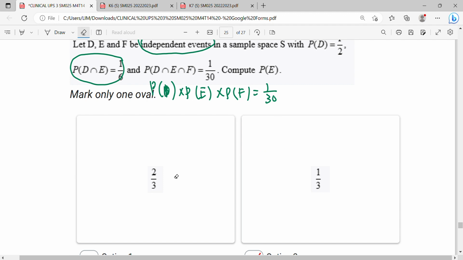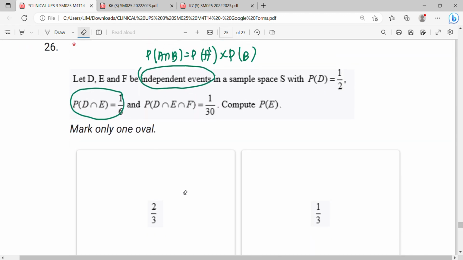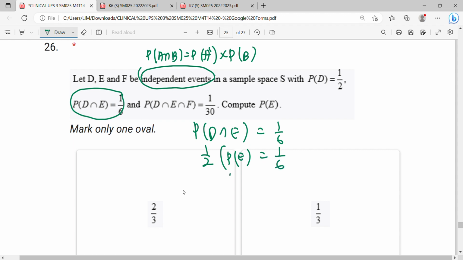From PD intersect E, we get 1 over 6. So PD is 1 over 2. So PE is 1 over 3. So tak ada guna informasi ni.